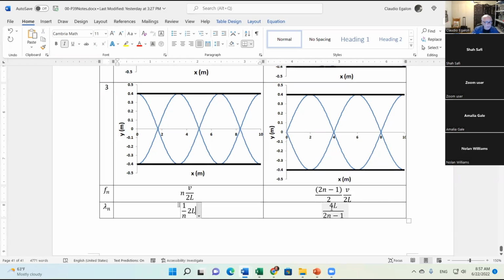And 2 divided by (2n minus 1) times 2L. Like that. What changes is the term here in front. Let's save that.